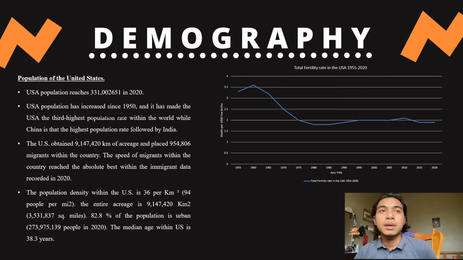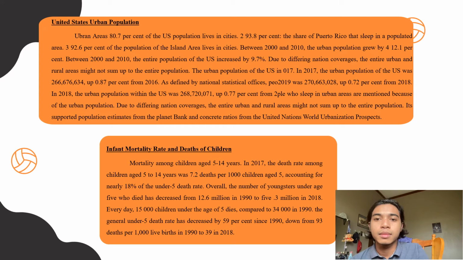The typical number of children per woman is required for every generation to replace itself correctly without the necessity for international immigration. So we go to the United States urban population.